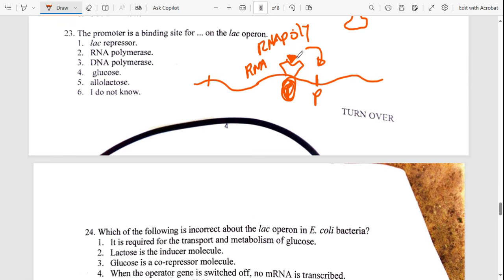Once the repressor moves out of the operator, the operator is now free. It acts as a switch, switching off this structure which we call the lac operon. So once the repressor is out of the operator, the way is now open. RNA polymerase can attach to the promoter, and then we'll be able to form the enzymes that will be used to break down your lactose so that you can have glucose at the end.